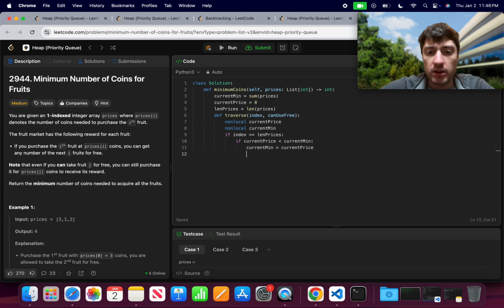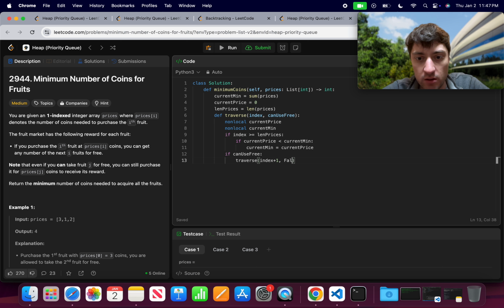Okay, so now what? If can use free, so if I can use a free one, I'm going to try to use a free one. So I am going to traverse index plus 1, and can use free is going to be false because I just used it.